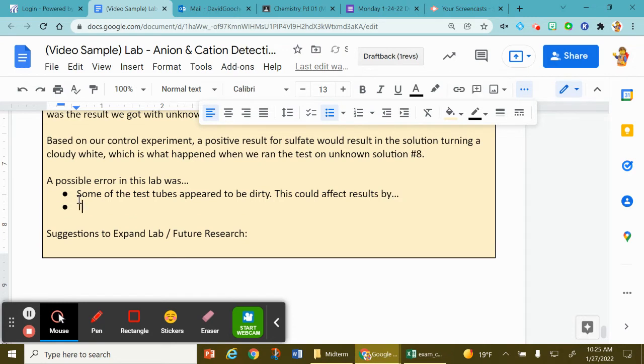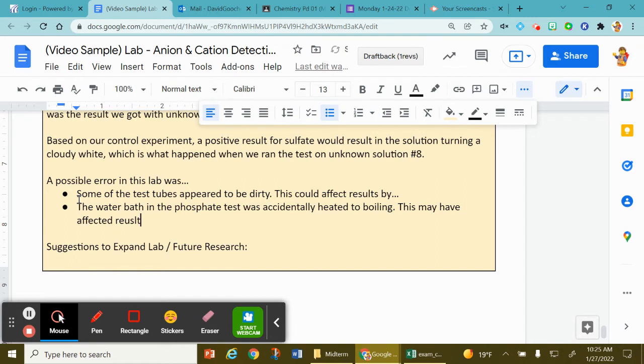Another: the water bath in the phosphate test was accidentally heated to boiling. This happened in a couple of my classes. This may have affected results by... and then you tell me how it might have affected results and how you might have fixed it.